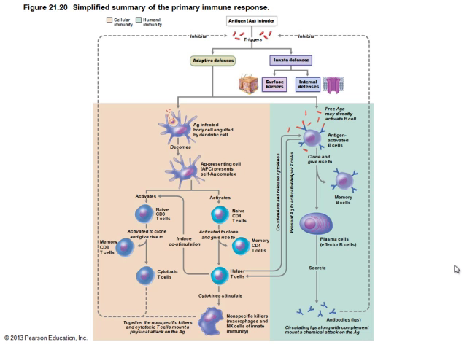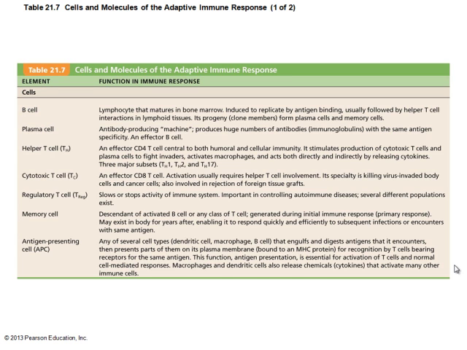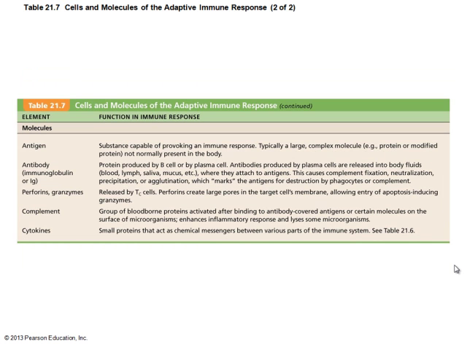The other thing that's going to be important in this chapter that's going to bring that information down to small is on page 792, where we see table 21.7. So there's a list here of all the different types of cells and what their function is in an immune response. There's also a list of some of the different molecules in adaptive immunity. And again, adaptive immunity is going to be more specific.